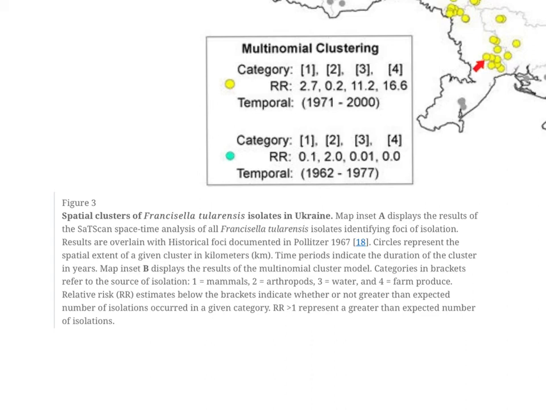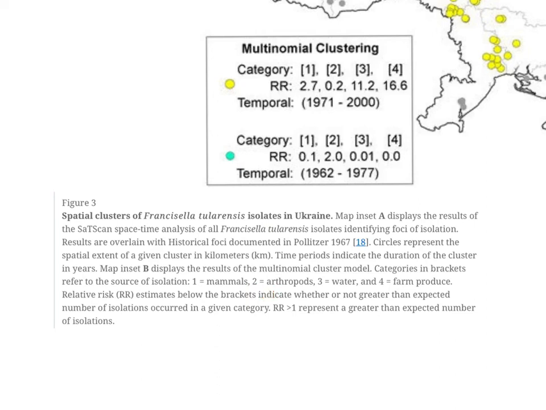I'll give just a single example, and that is that any of the areas identified in yellow on the map, or here in the legend, there's a much higher relative risk of getting tularemia, or Francisella tularensis, being isolated from water or farm produce. Whereas in the case of the blue dots, which occurred down in the southeast there a moment ago, there was a much higher likelihood of being recovered from arthropods.